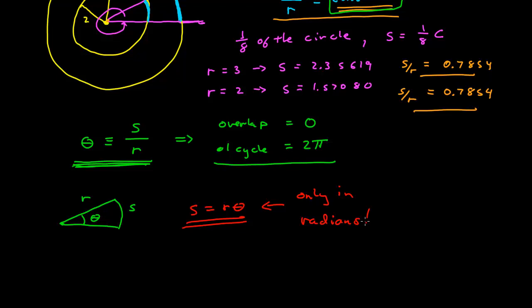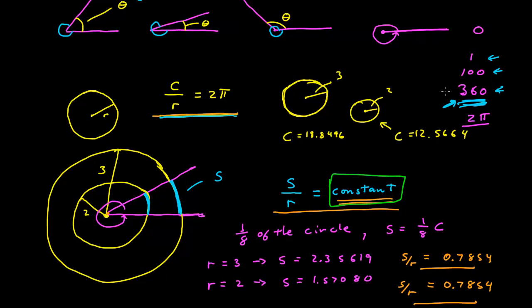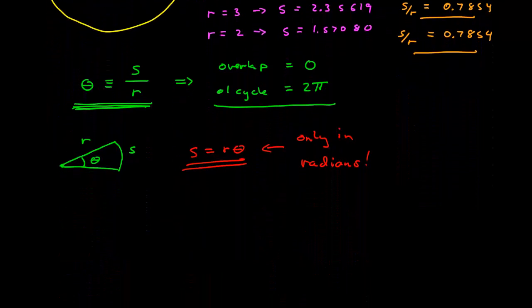It's often necessary to convert back and forth between radians and degrees, and that's easy enough to do because 360 degrees is the same as 2 pi radians.